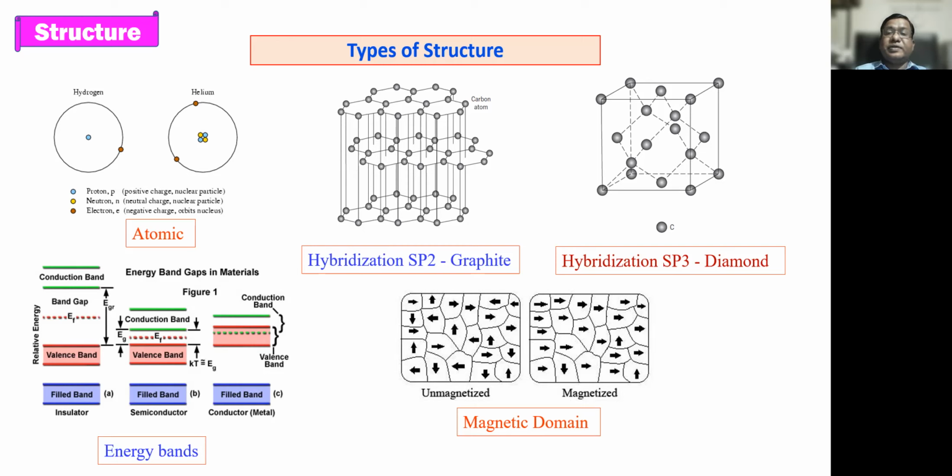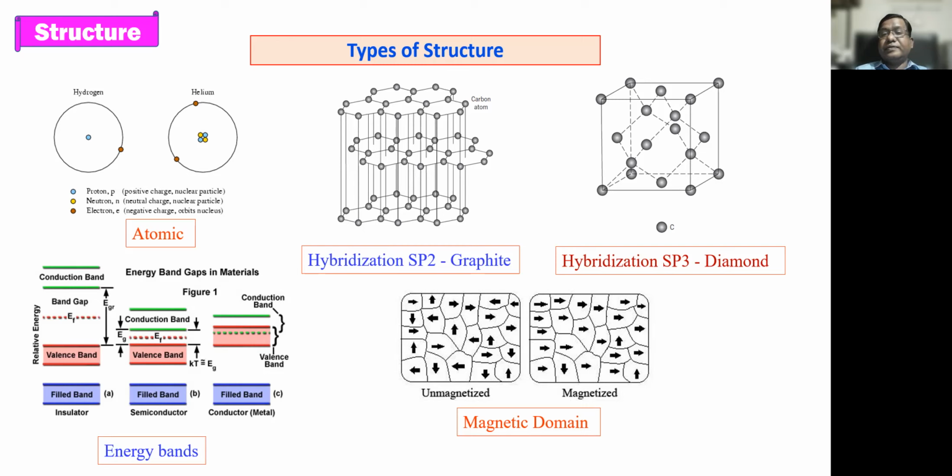Graphite is a good conductor of heat, and we can conduct some electricity as well. It is very soft. It is dark, you can say gray or graphitic in color.